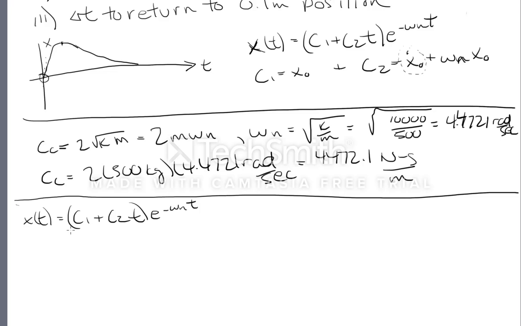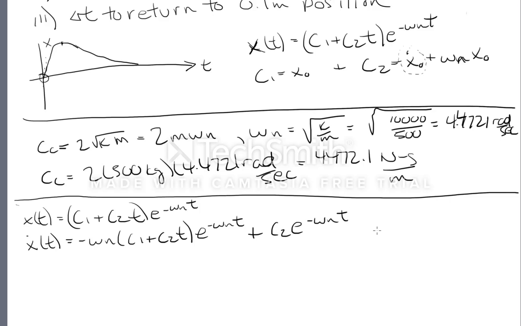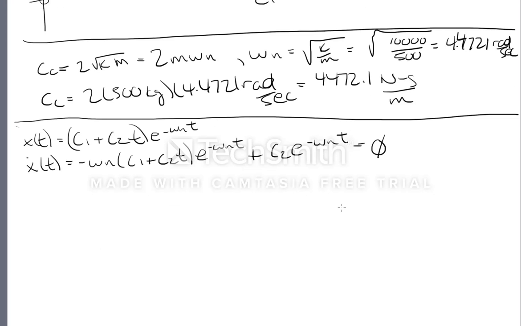So x dot equals negative omega n times C1 plus C2t, e to the negative omega n t, plus C2 e to the negative omega n t. And we're going to set that equal to 0, and then we're going to solve for t. Let me just move this down here.